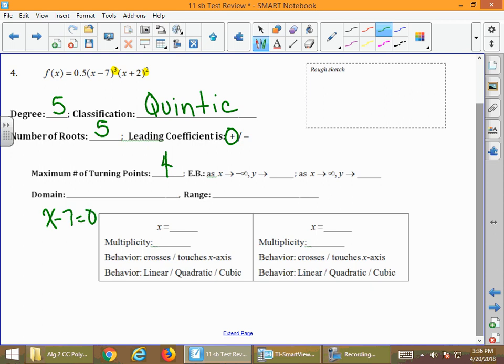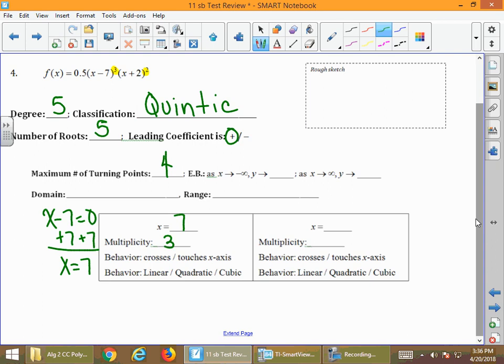One of our parentheses up there, we add 7 to both sides, and we get x equals 7. Our multiplicity for this root is 3, the exponent on the parentheses.